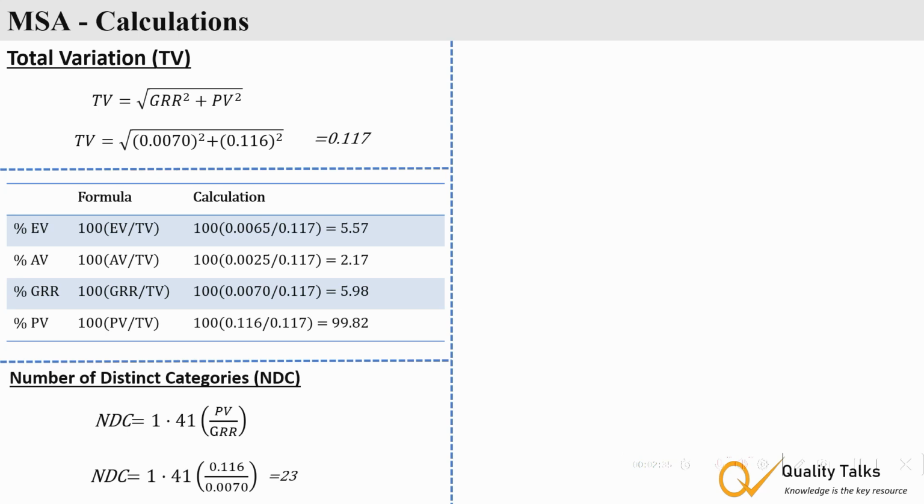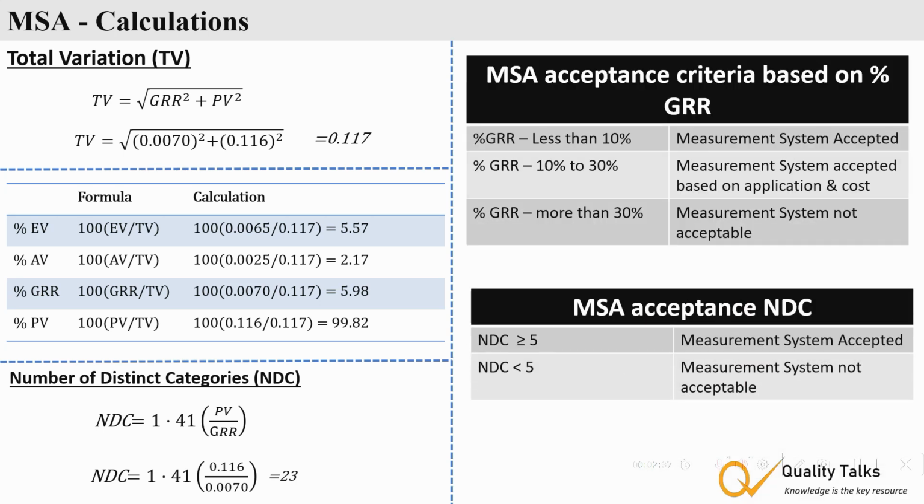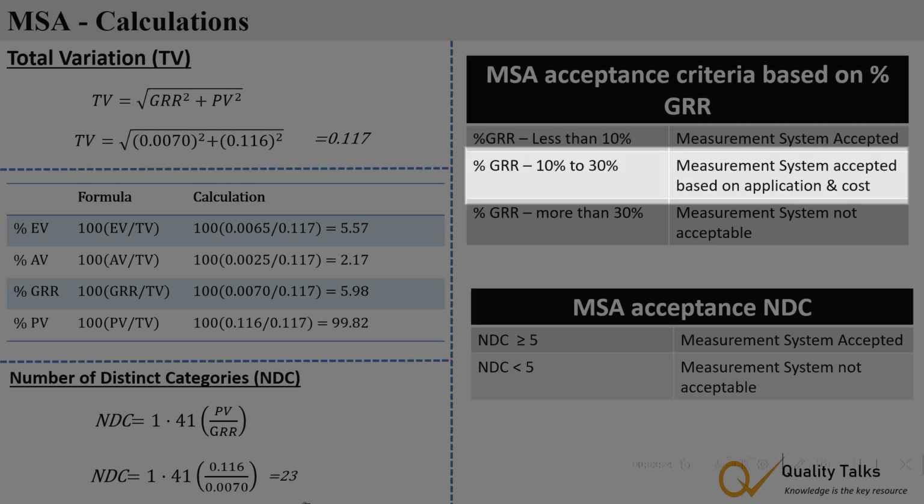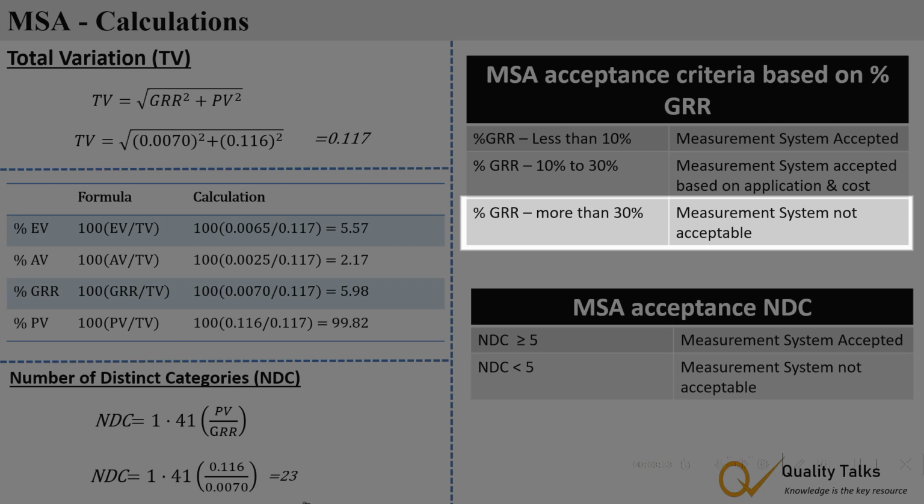Now we will see the criteria for MSA acceptance. Percentage GRR less than 10%, that means measurement system accepted. Percentage GRR 10 to 30%, measurement system can be accepted but based on application and cost. Percentage GRR more than 30%, measurement system is not accepted.